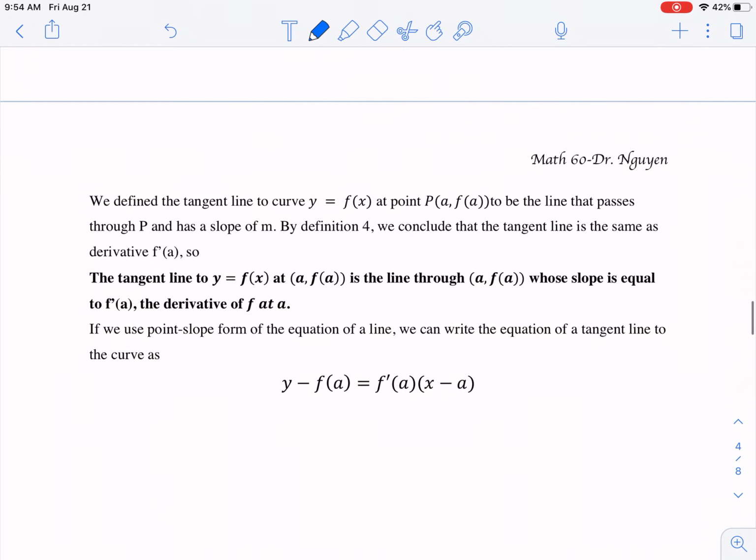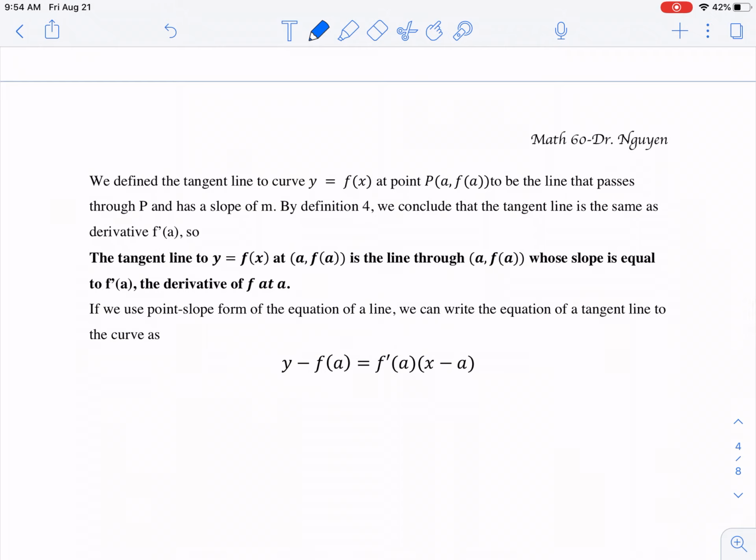If we use the point slope form of the equation, y minus y1 equals m times x minus x1. Hopefully you still remember that formula, the point slope form, which is right here.